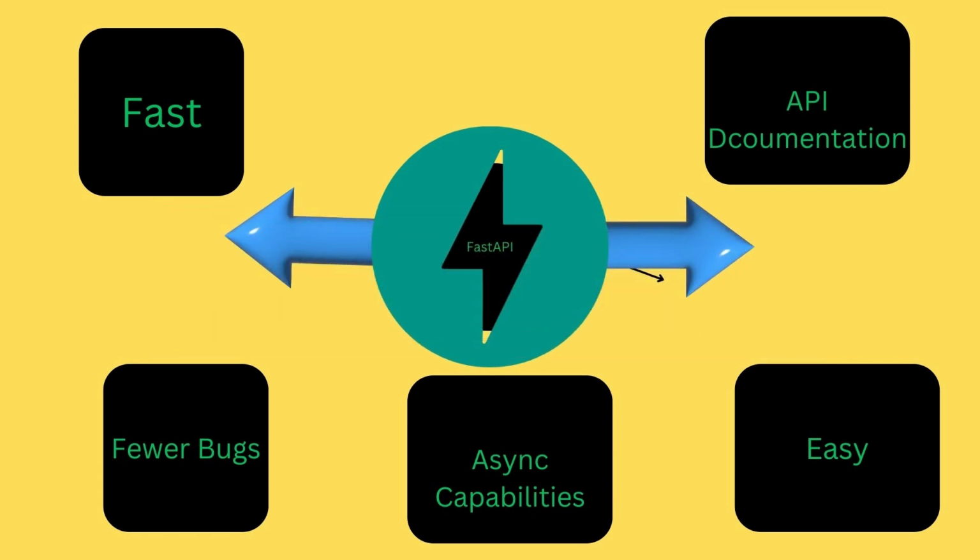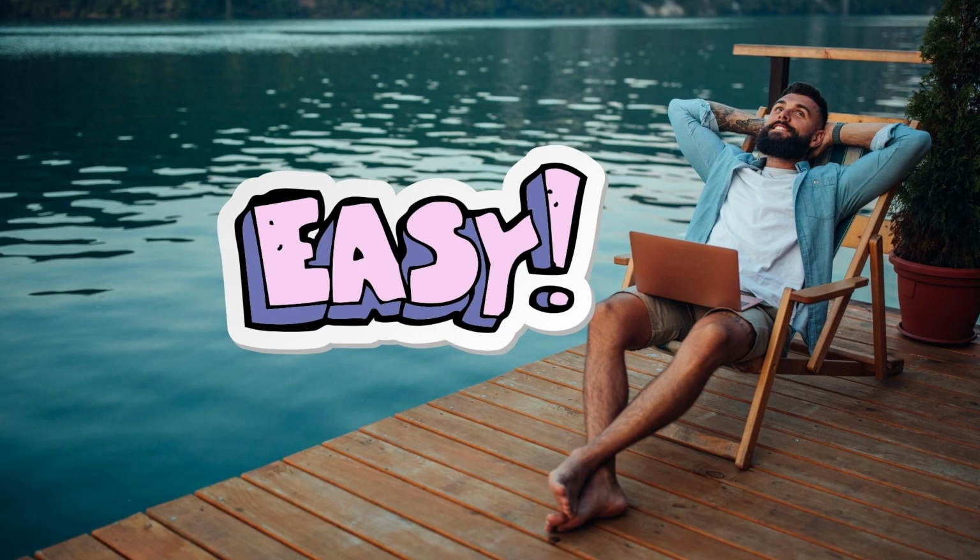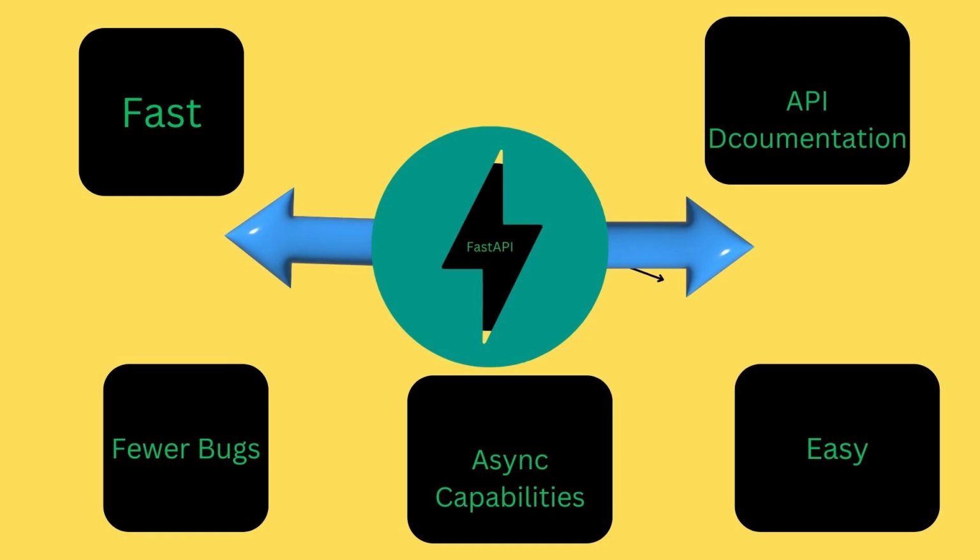This makes coding and maintaining APIs easier and less error-prone. Easy to use. The syntax is clean and straightforward, which helps both beginners and experienced developers to get started quickly. These features combine to make FastAPI a powerful tool for developing APIs that are fast, easy to build, and maintainable. You're going to love working with it.